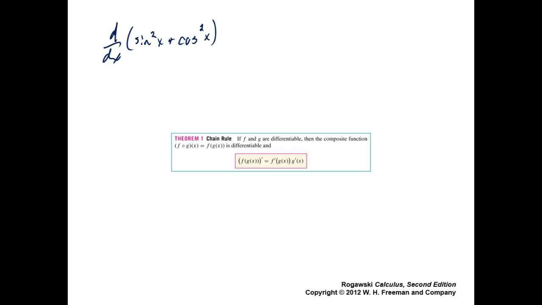If you were to use that, that would be 2 times the sine of x times the derivative of, well, no, that's still a chain rule function. We haven't done that yet.